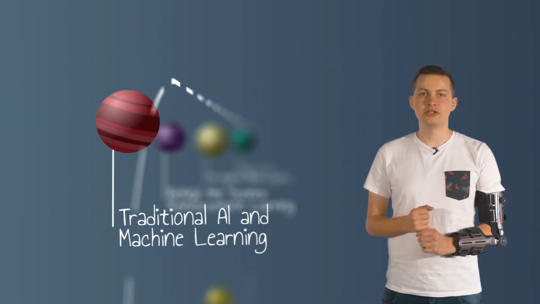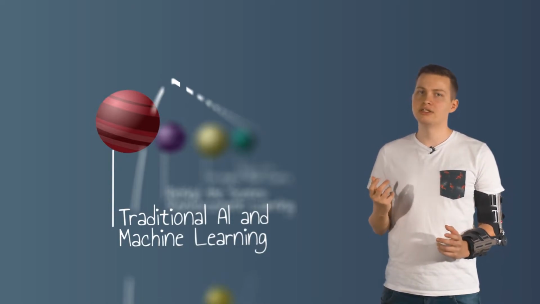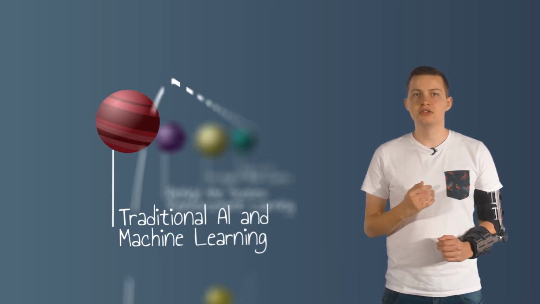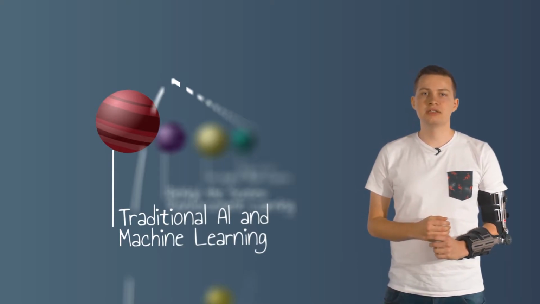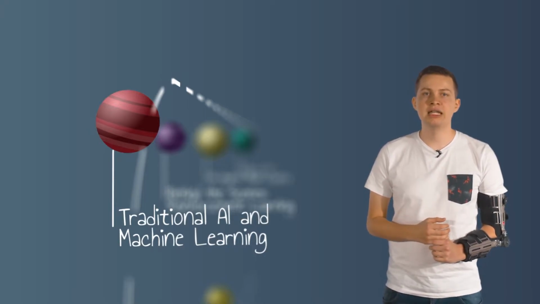After seeing an agent learn, you might wonder how computers become artificially intelligent without learning. Today, we want to take a closer look at the difference between traditional or symbolic AI and machine learning, which we learned about in the last two videos.